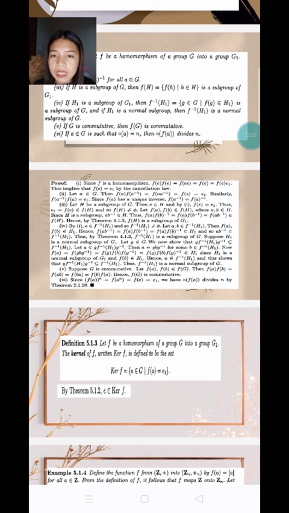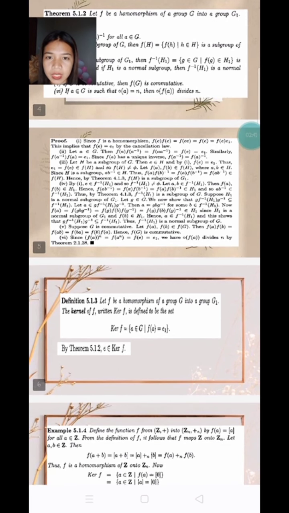Number 2, let a be an element of G. Then f of a star 1 f of a inverse is equal to f of a star a inverse, which is equal to f of e, which is equal to e sub 1. Similarly, f of a inverse star 1 f of a is equal to e sub 1. Since f of a has a unique inverse, f of a inverse is equal to f of a, all raised to negative 1.